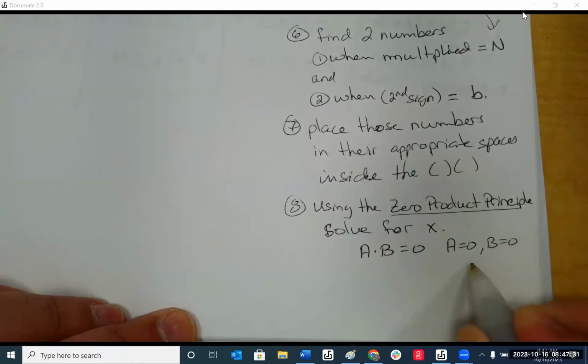So we know they're opposite signs. One's positive, one's negative. But since the second sign is minus, the bigger number gets the first sign. The bigger number gets the first sign because the second sign is minus, which means they're opposite signs.